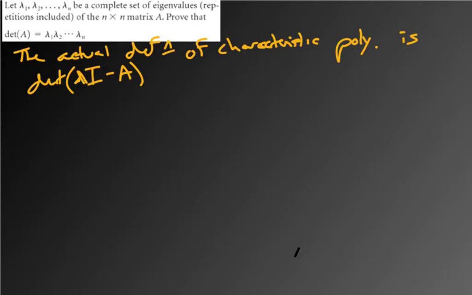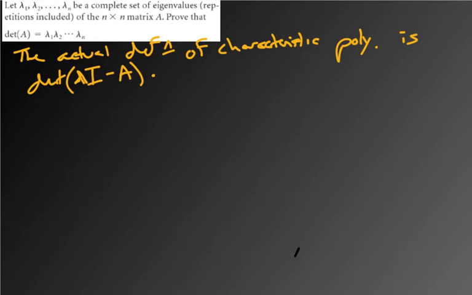I don't really want to get into why it is different. What we actually do in computations is set the determinant equal to 0 and find the roots. Before, we did A minus lambda I, so there's a negative introduced here.